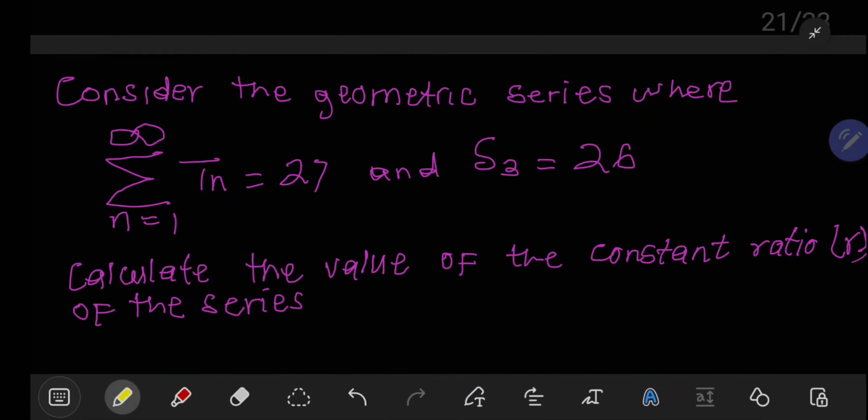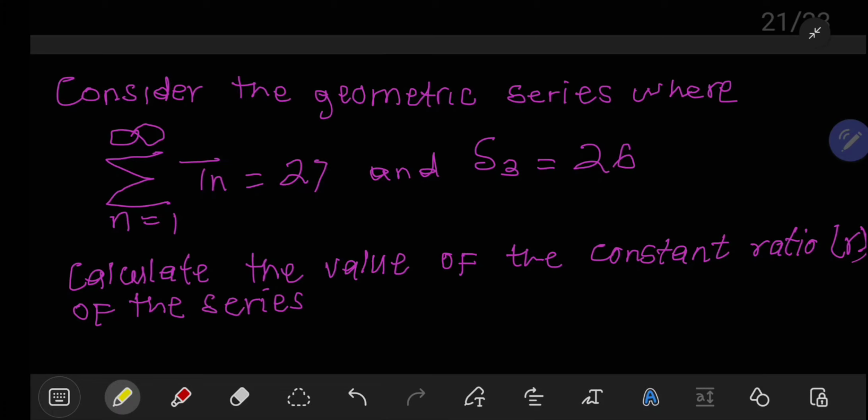All right, here's our next example. It says consider the geometric series whereby the sum to infinity of Tn is equal to 27, and the sum of the first 3 terms is equal to 26. Then they say calculate the value of the constant ratio r of this series.